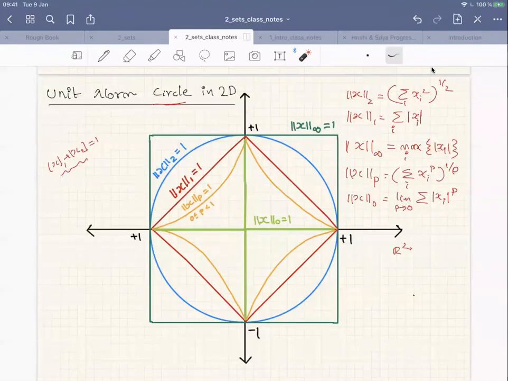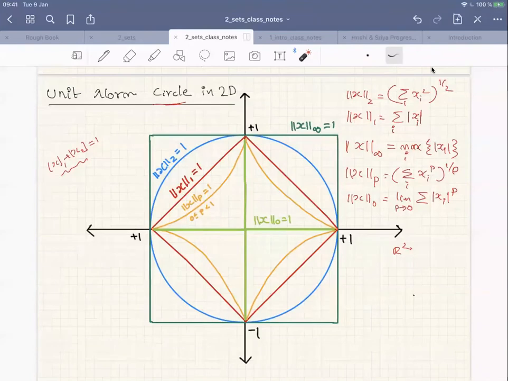Basically, you take the magnitudes of all the elements of the vector and consider the maximum of that. That is denoted as the infinity norm. And there is another one called the zero norm, which is equivalently the number of non-zero elements in the vector.